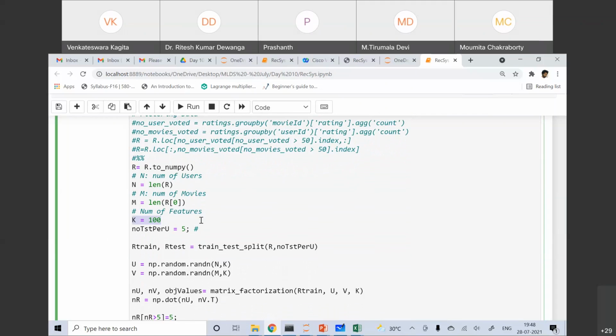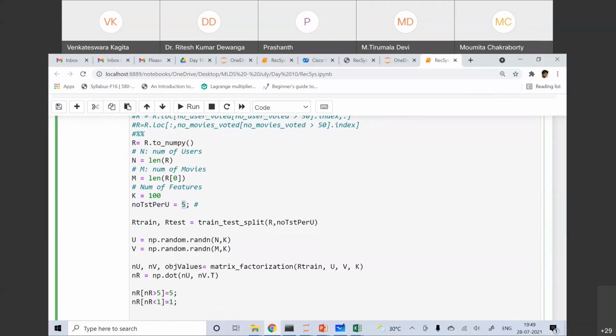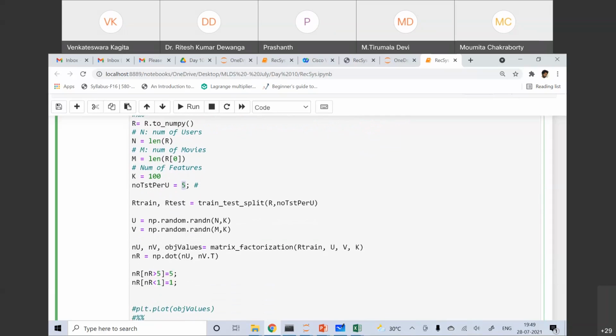And this is the number of test instances per user. He is fixing it as 5, not a percentage.